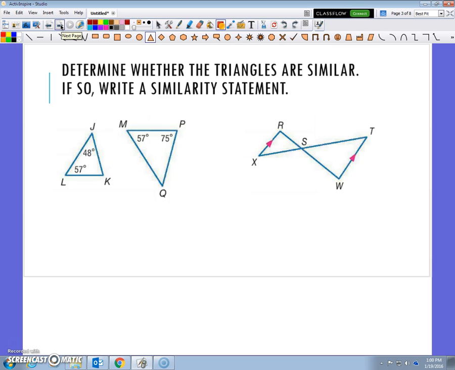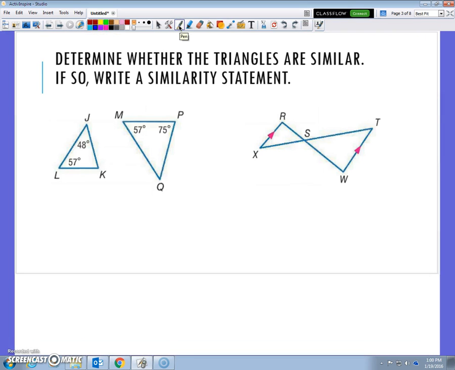So when we look at this to determine whether or not they're actually similar, we just need to make sure that two of the angles are congruent. It looks like we have a 48 degree and a 57 degree angle. So right now totaling we have 105 degrees, and that leaves 75 degrees for this final angle here.